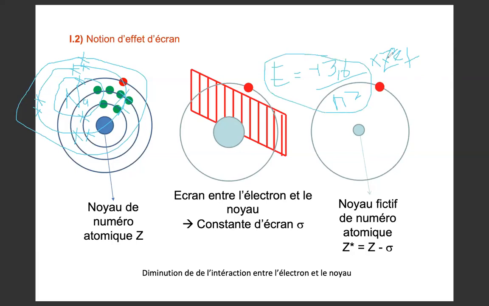In a case where we are required to calculate, this is negative 13.6 over n squared. So n is just to represent the orbitals.